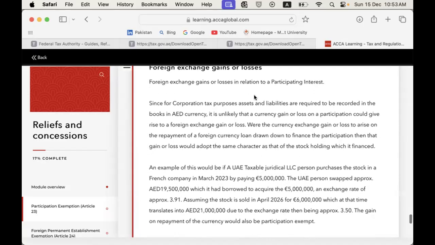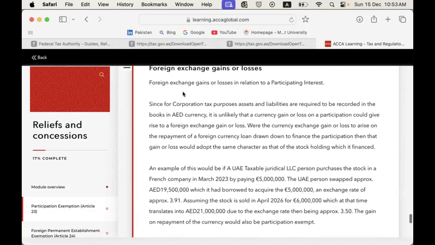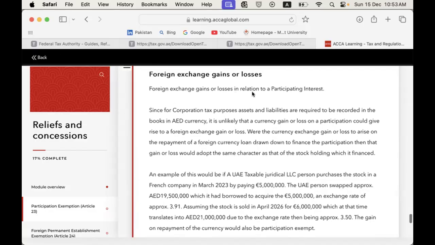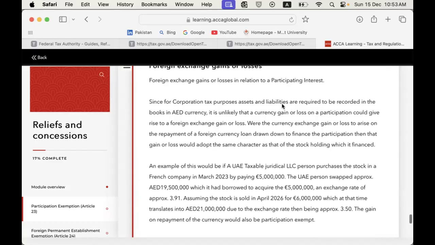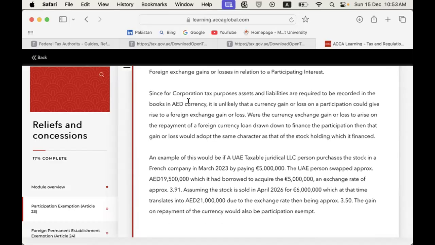Foreign exchange gains and losses. Foreign exchange gains or losses in relation to a participating interest. Since for corporate tax purposes, assets and liabilities are required to be recorded in the books in AED currency, it is unlikely that a currency gain or loss on participation could give rise to a foreign exchange gain or loss.